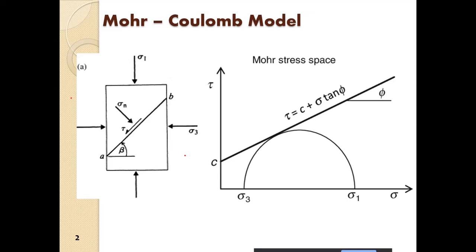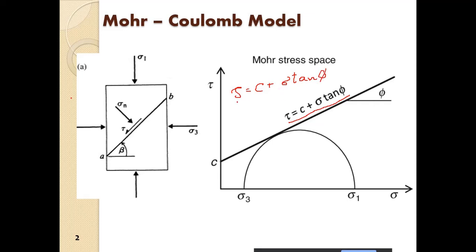We have been discussing many times that we express the shear strength of soil using this equation. The shear strength of soil, tau, we express with cohesion plus the frictional resistance.